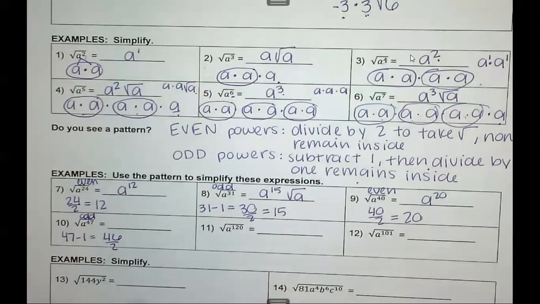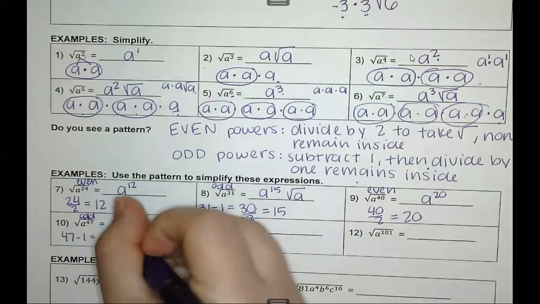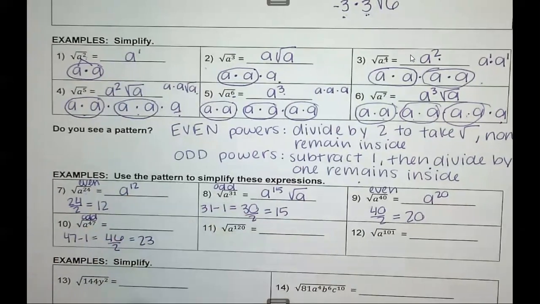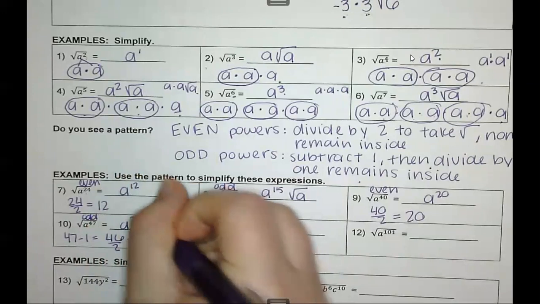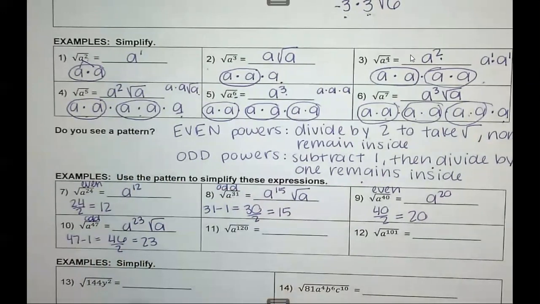So 46 divided by 2 would give me 23. And the rule says that we should have 1 remain underneath the square root. So I'm going to have a to the 23rd power and 1 remaining inside the square root.